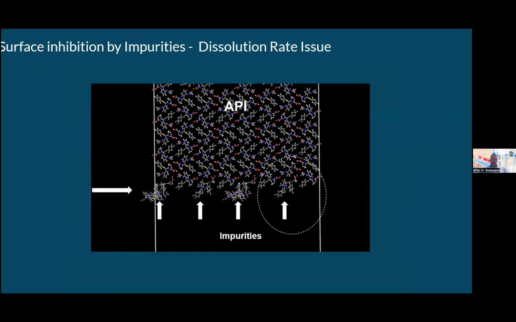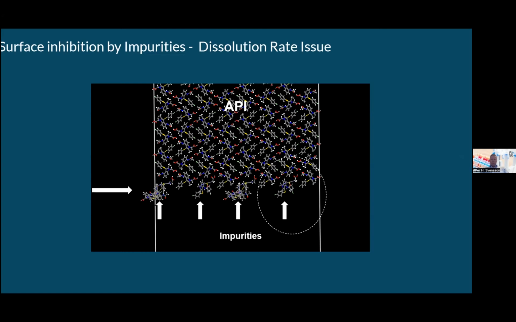With MD calculation, it was possible to discover that this extremely low concentration impurity has the perfect fit in the surface of the API. And this would, of course, have an impact on the dissolution rate. Here in the figure, you can see the impurity fits very well into the surface of the API and also interacts very well.